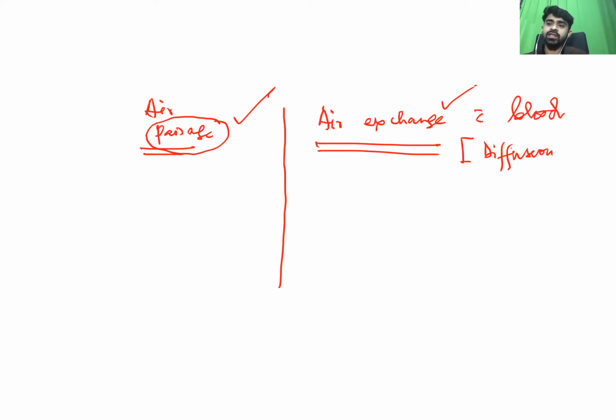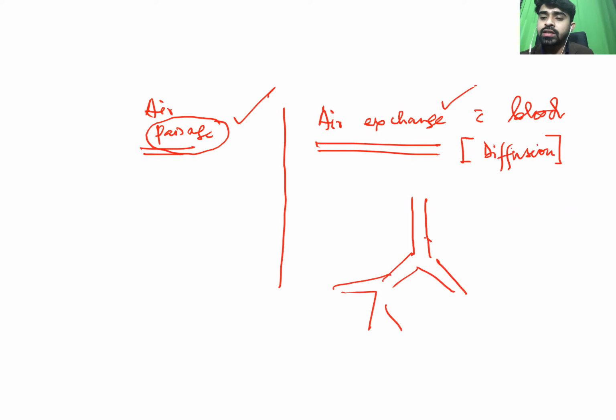So my question is, if I consider from the trachea, and if I consider other airways as well, like these and these and these, can you tell me, do you think the initial part of the air pipe will help you for exchange of gas with the blood? Do you think this is my airway?